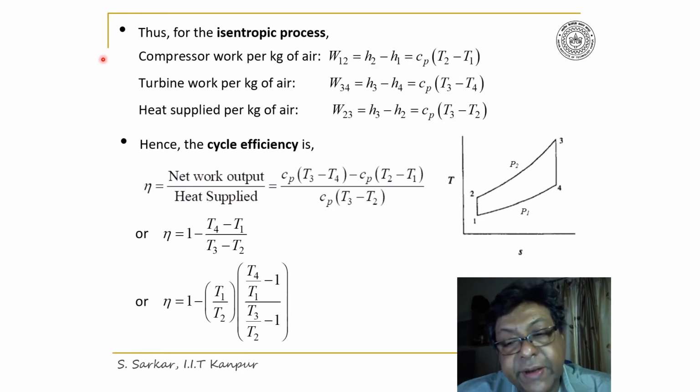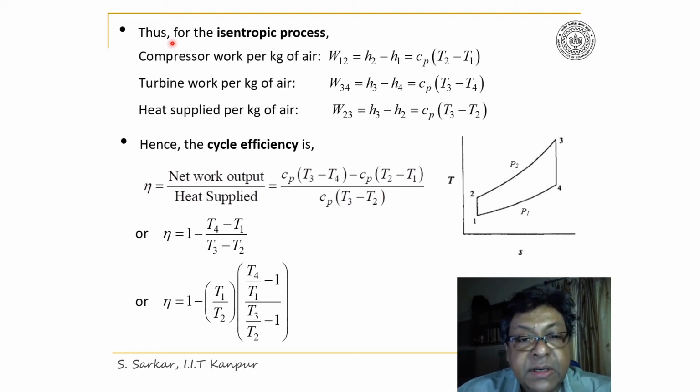Let us carry out the performance analysis of a simple gas turbine plant. As I have expressed earlier, this is the TS diagram of a simple gas turbine plant where 1-2 is the isentropic compression, 2-3 is the constant pressure heat addition, and 3-4 is the isentropic expansion.